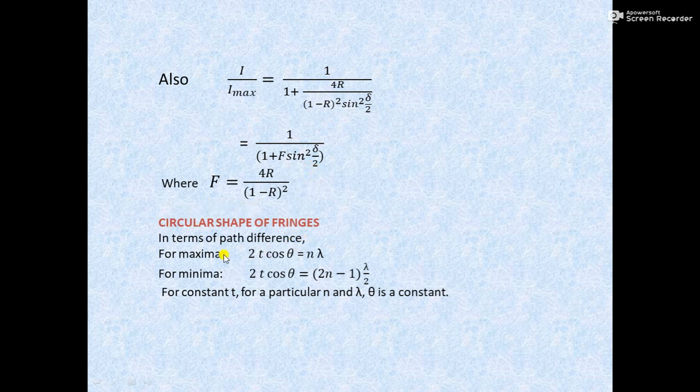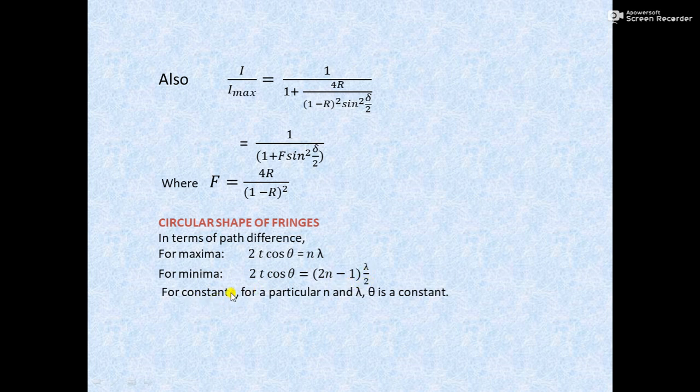Now, the fringes that we get are circular fringes, and the explanation for this is as follows. In terms of path difference, the condition for maxima is 2t cos theta equal to n lambda, and the condition for minima is 2t cos theta equal to 2n minus 1 into lambda by 2.